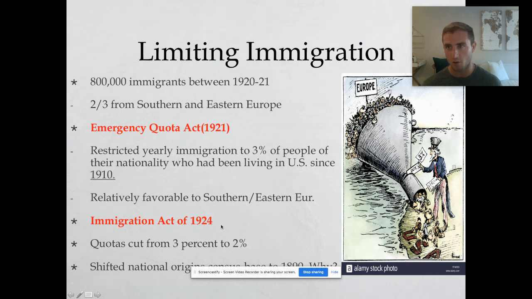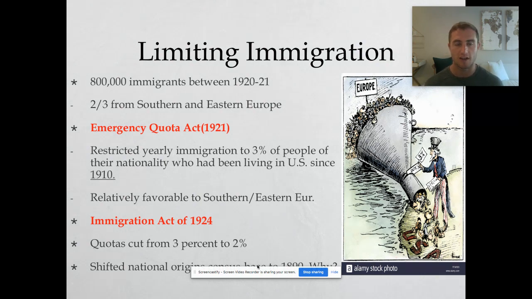This is much more unfavorable to certain groups because not only does it cut the quota from 3% to 2%, it shifts the national origin census to 1890. And it does that because far fewer immigrants from Eastern and Southern Europe had made it into the United States by 1890. Thus, they're purposely limiting certain groups from coming into the United States.